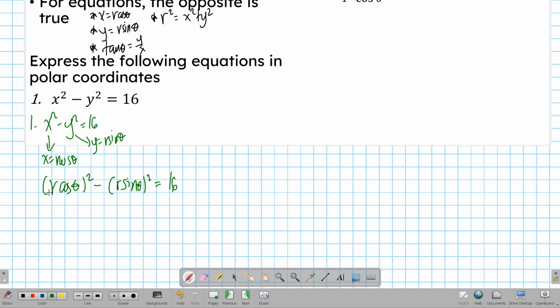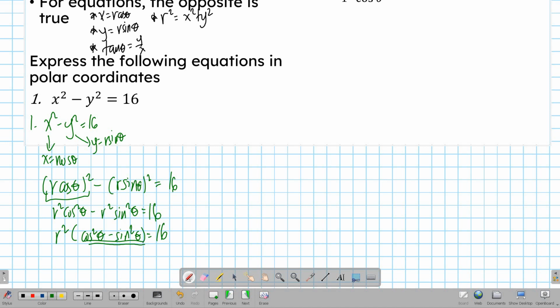If we're going to simplify this, it becomes r squared cosine squared theta minus r squared sine squared theta equals 16. We can factor out r squared, so r squared times cosine squared theta minus sine squared theta equals 16. And if you notice, this actually becomes a trigonometric identity that we can shorten.